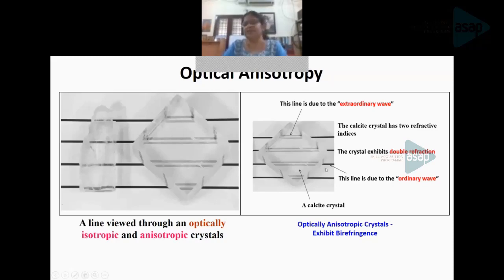This unaltered line is due to the ordinary wave, and the new line is due to the extraordinary wave. And this is because of the birefringent nature of the anisotropic crystal. So such crystals exhibit double refraction. Because of that, you are seeing two lines.